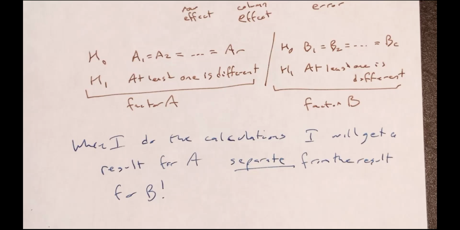We'll simply run the numbers in Excel or some other statistical software at this point and say, all right, what does this tell me? If I get two results, that means I get two F values. It also means, depending on the number of rows and the number of columns, which don't have to be equal, I could have two different F critical values because I'll have two different sets of degrees of freedom. So I need two different p-values.